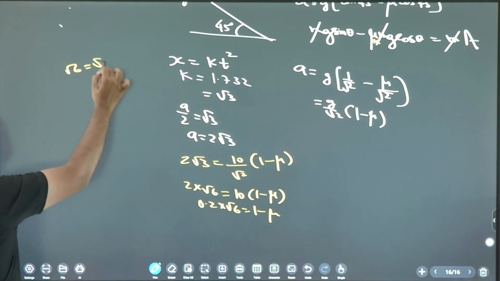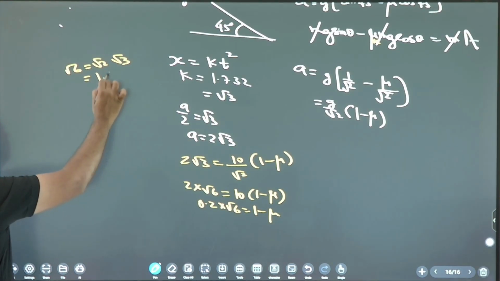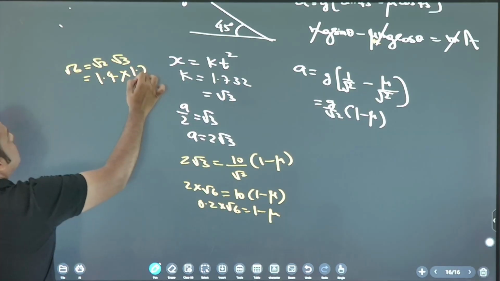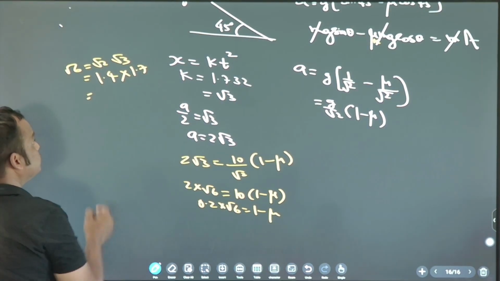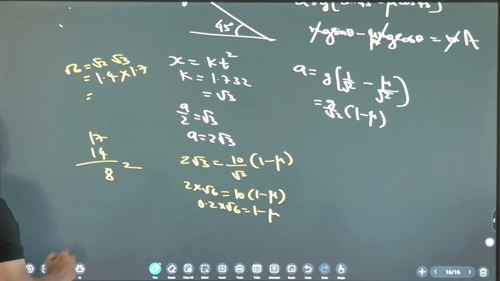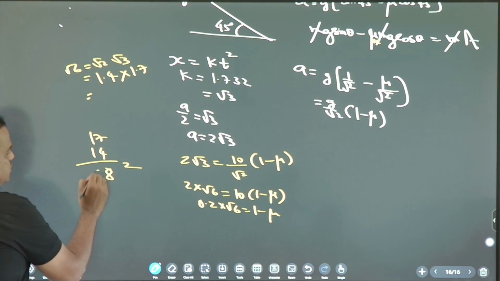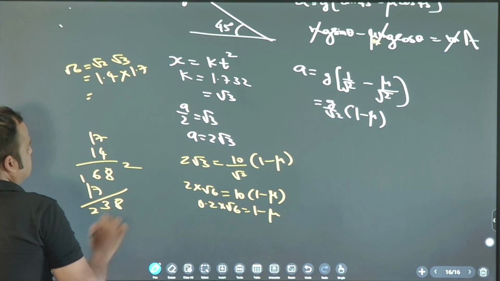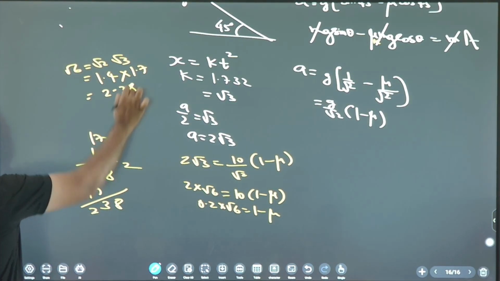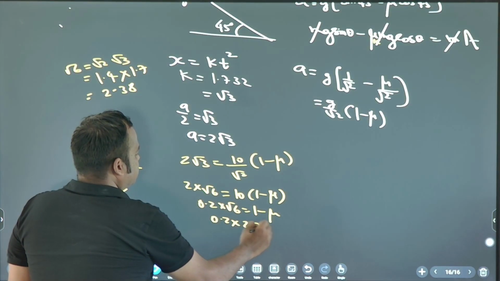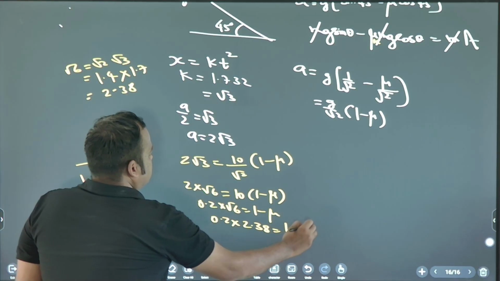Root 6 is root 2 into root 3. What is root 2? 1.4. Take one digit only. Root 3, 1.7. Now you solve this. Correct, good. So root 6 is 2.38. So 0.2 into 2.38 is equal to 1 minus mu.